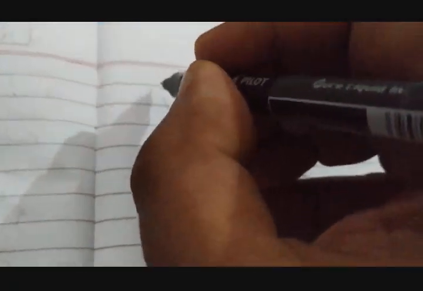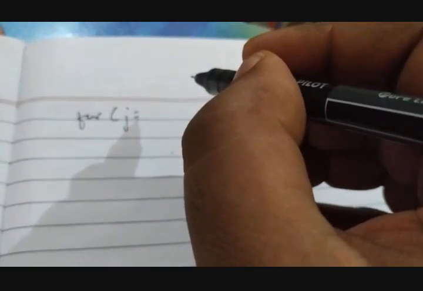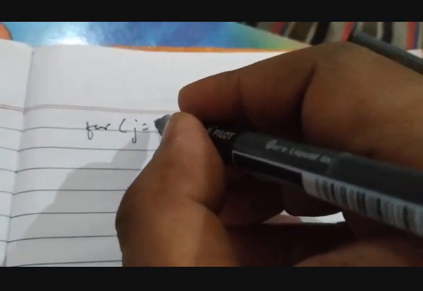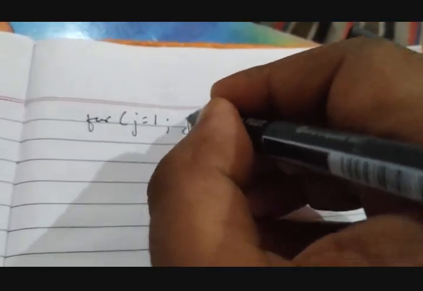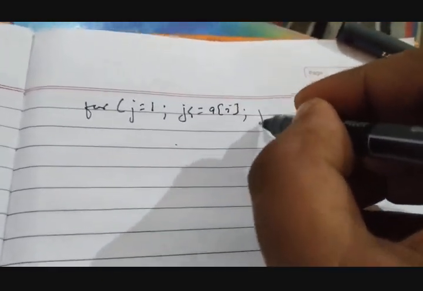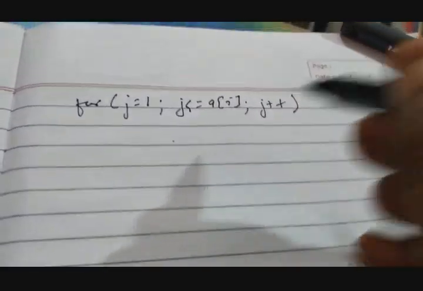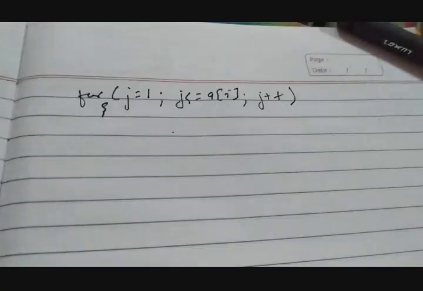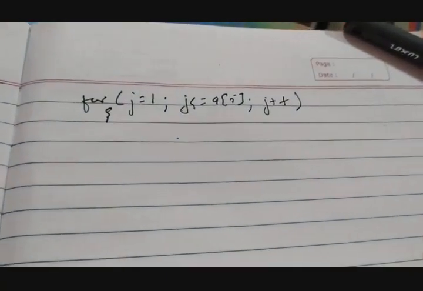The counter has been set to 0. Now for j equals 1, j less than or equal to a of i, j plus plus.